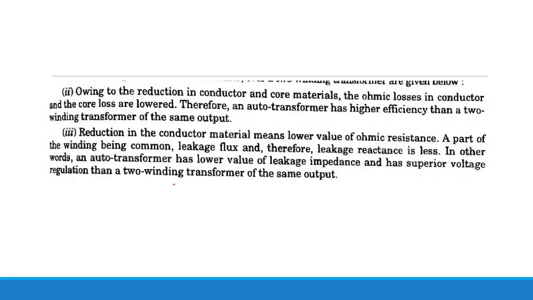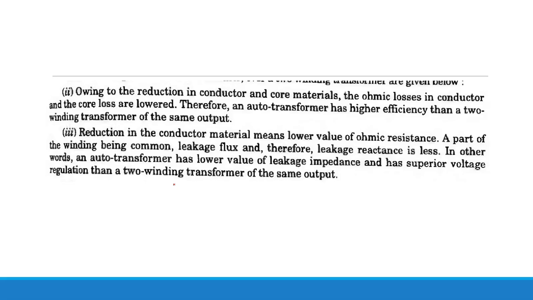Another advantage is that it will have high efficiency. Why will the efficiency be high? The auto transformer would have high efficiency when compared with the same rating of two winding transformer, because there is a reduction in conductor material.